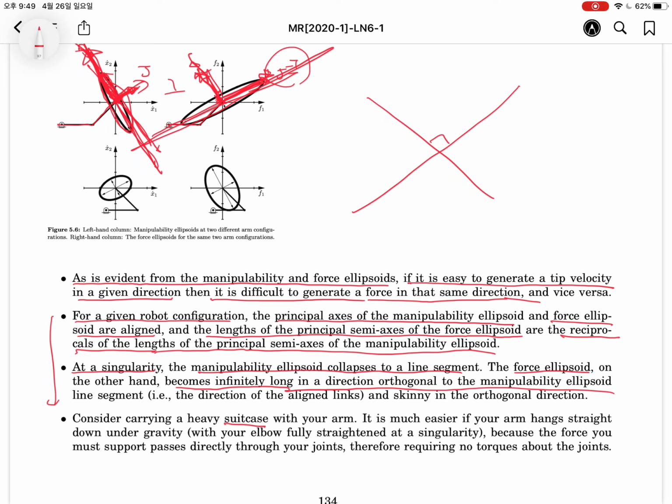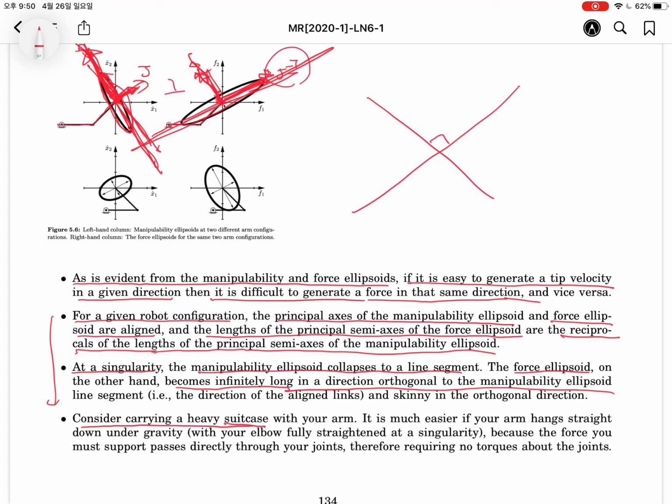It means singularity. Singularity implies this arm cannot move in the gravitational direction, but the force can be sustained in the same direction, because the force and the manipulability ellipsoids are reciprocal or orthogonal to each other.